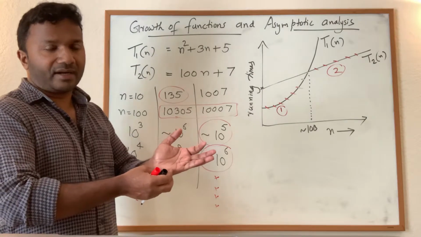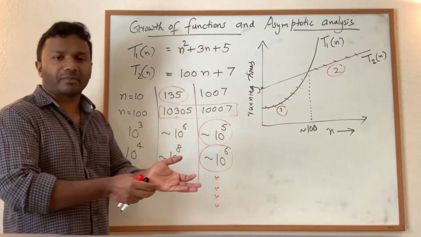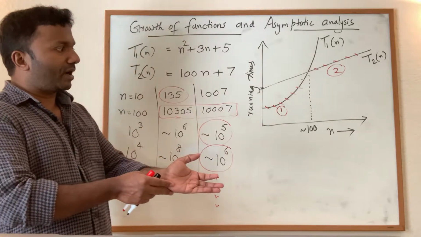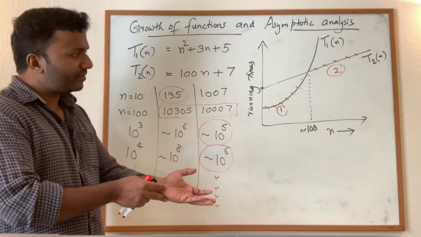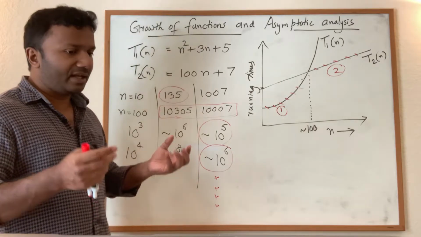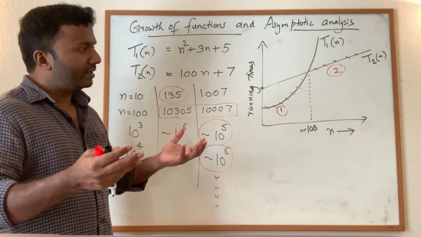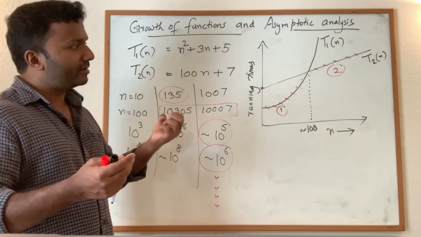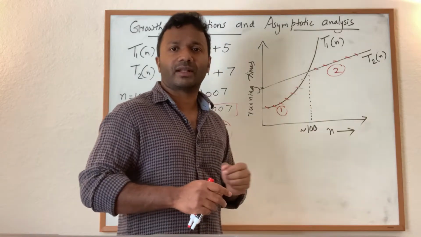So 100 days is too much, right? For any real life application, we don't want to wait for 100 days, but 1 day is probably okay, we can live with it. So whether an algorithm is really useful or practical or not, that real check is happening here when n is extremely large.